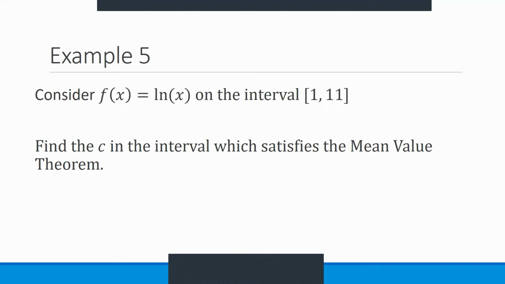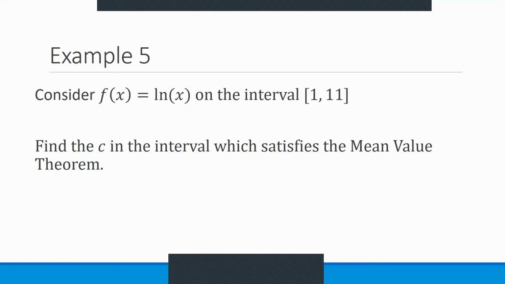From 1 to 11, the natural log of x function is differentiable and continuous. So the mean value theorem is going to work on this interval. The natural log is differentiable and continuous anytime we're above 0.